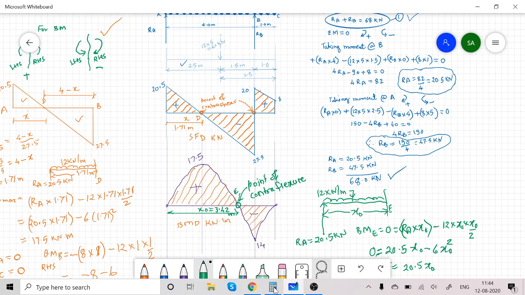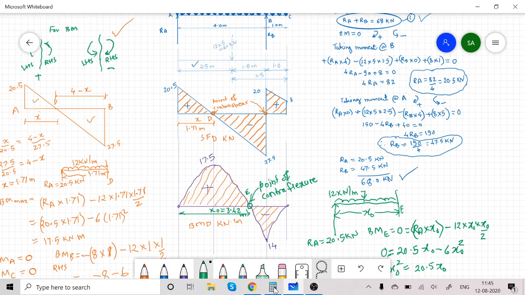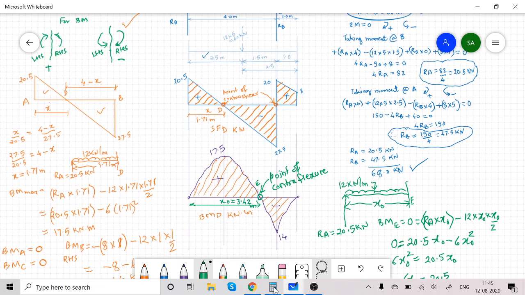So as below the point of contraflexure the bending moment is maximum, then how are there 2 points having maximum bending moment? This is the question. The answer is at this first point, the bending moment is maximum, but it is positive maximum.